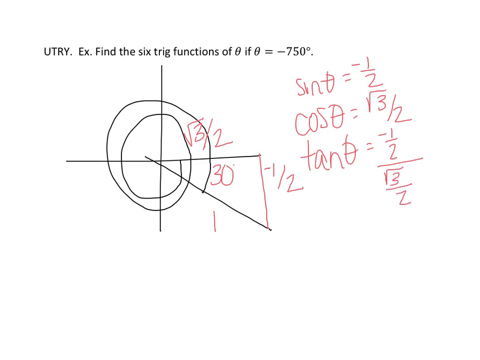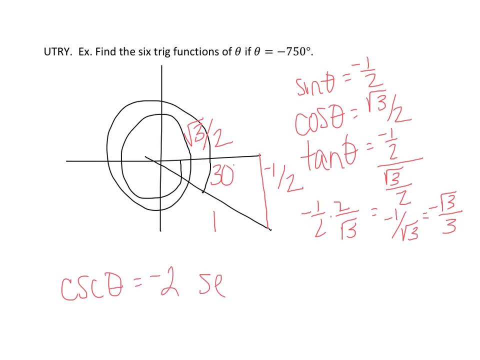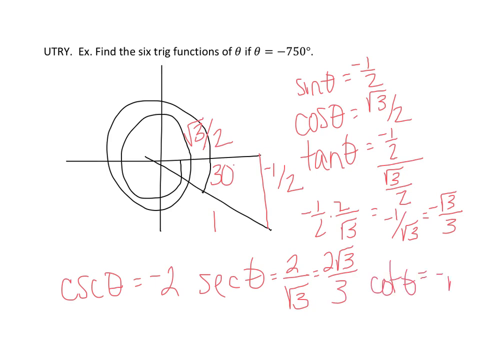And if we multiply by the reciprocal, I get negative 1 over radical 3, or negative radical 3 over 3. Then my cosecant would be negative 2. My secant would be 2 over radical 3, or 2 radical 3 over 3. Cotangent, negative radical 3.